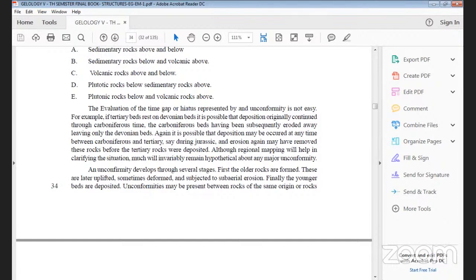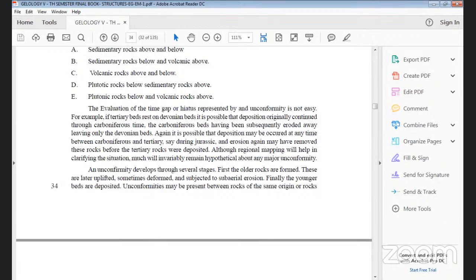Again, it is possible that deposition occurred at any time between the Carboniferous and Tertiary, such as the Jurassic, and erosion may have removed those rocks before the Tertiary rocks were deposited.